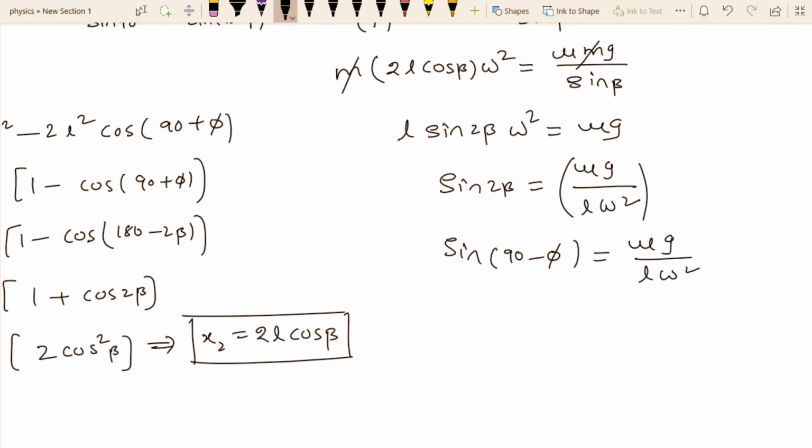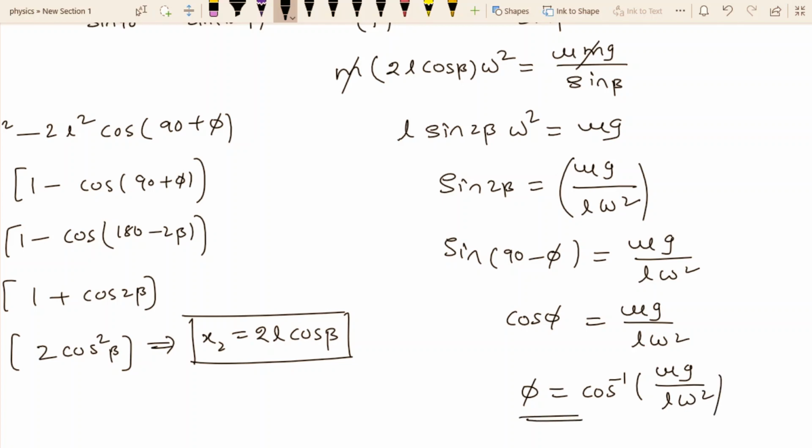Sine of 90 minus phi is cos phi, which equals mu g divided by L into omega square. So this phi value we are getting as cos inverse of mu g divided by L into omega square. So this is the value of phi.